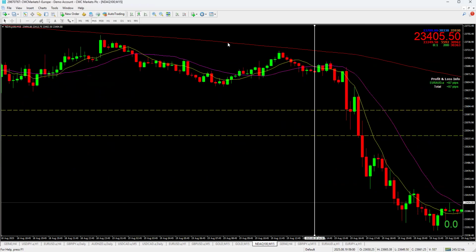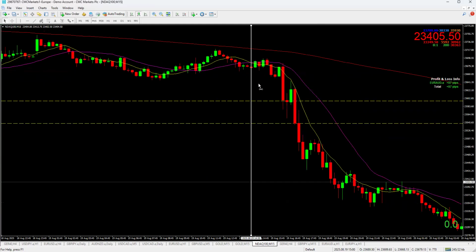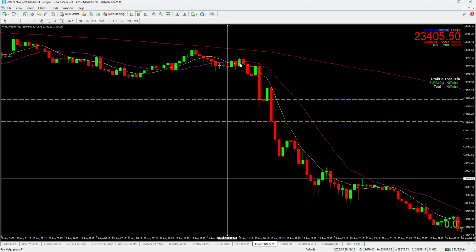And because the 200 is above, it means it's a long-term downtrend. So when the cross happens here and it begins to go down just slightly, especially with this big push, this momentum candle, it's telling you the bears are in control.